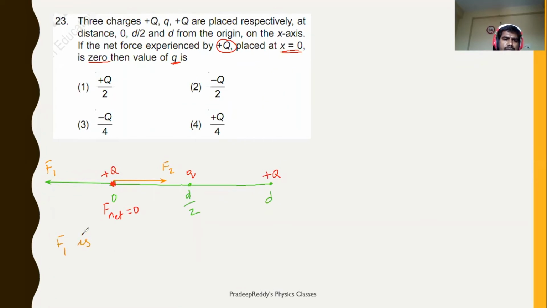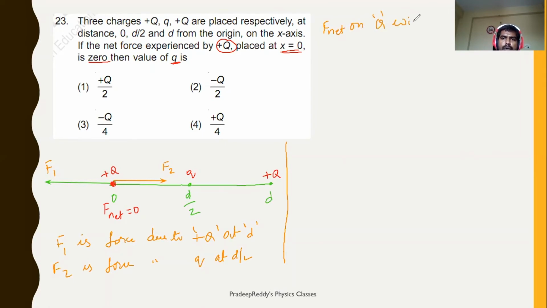F1 is force due to plus Q at D. F2 is force due to q at D by 2. Remember, F net on Q will be 0 if q is negative.